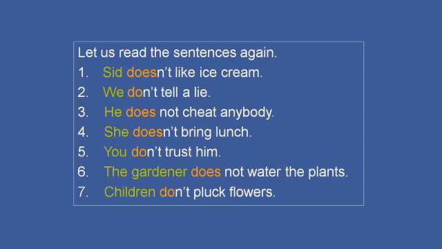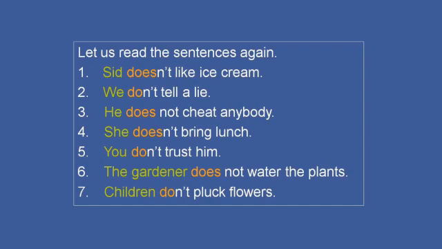Fifth, you don't trust him. Here, subject is you. With you, we use do. Sixth, the gardener does not water the plants. In this sentence, the subject is the gardener, which is a singular noun. So we use does with it.